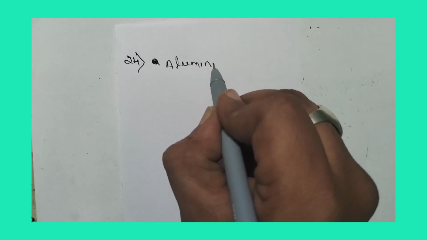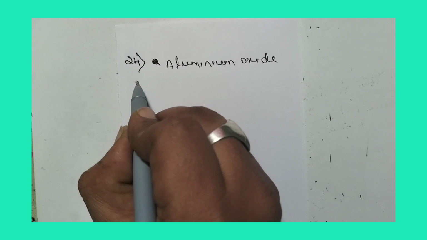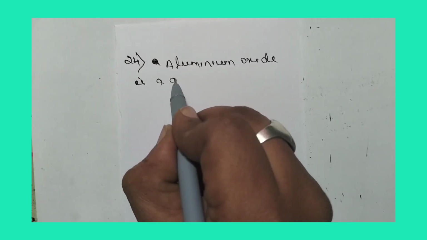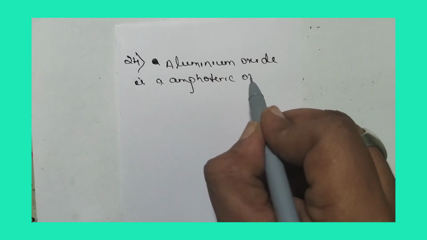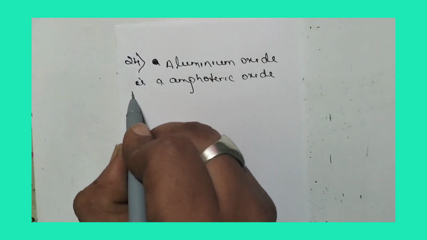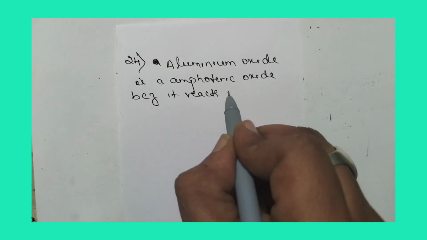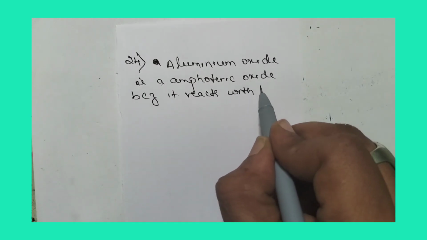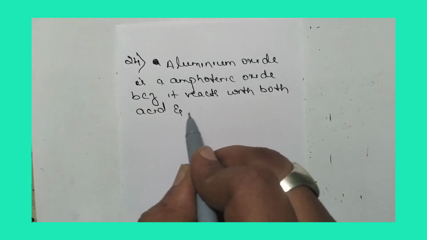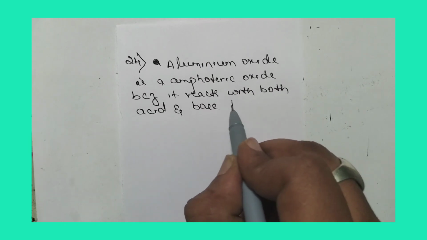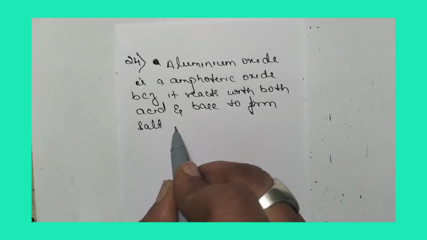Aluminium oxide is an amphoteric oxide because it reacts with both acid and base to form salt and water.